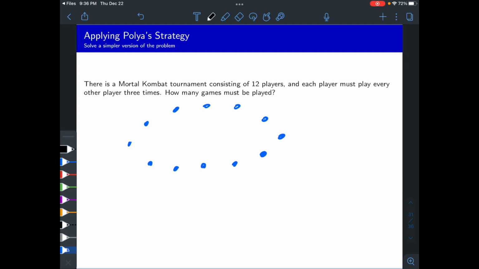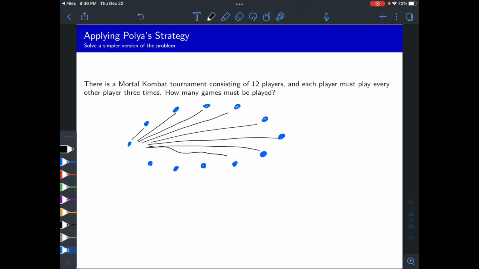If you were to start counting how many times they must play each other, you could just assume that they're playing each other once, and then multiply that final answer by 3. If each player plays each other once, you just say, all right, these 2 guys are going to play, these 2 will play, and so on. You just draw a line for each of those. This player will be involved with 11 other players, so 11 matches.